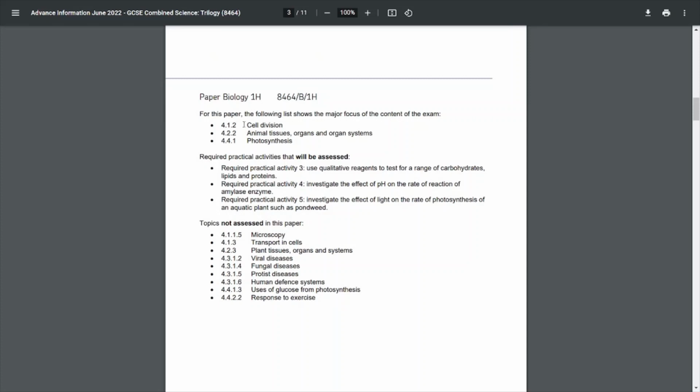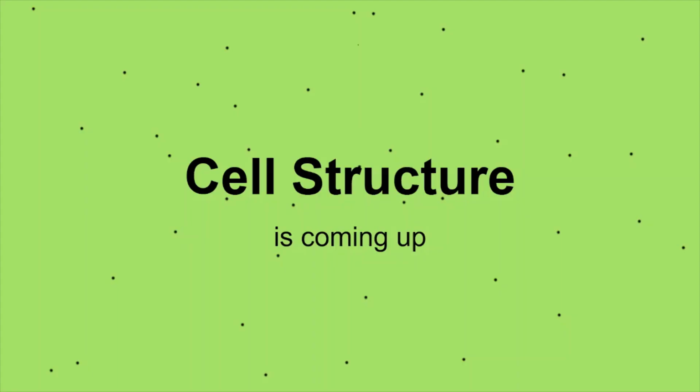Combined science higher is similar again. Cell division will come up, but this time microscopy won't be in it at all, and neither will any cell transport, so you actually have a lot less to learn and you can focus your revision a lot more on cell division, but still pay attention to the cell structure stuff.